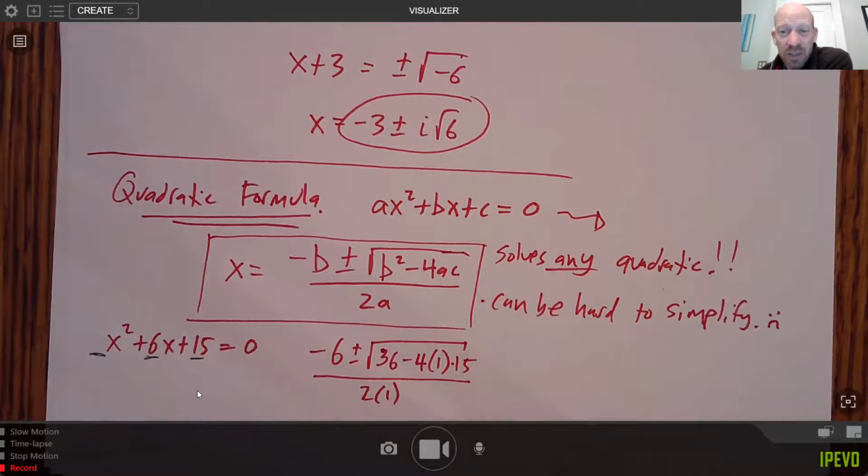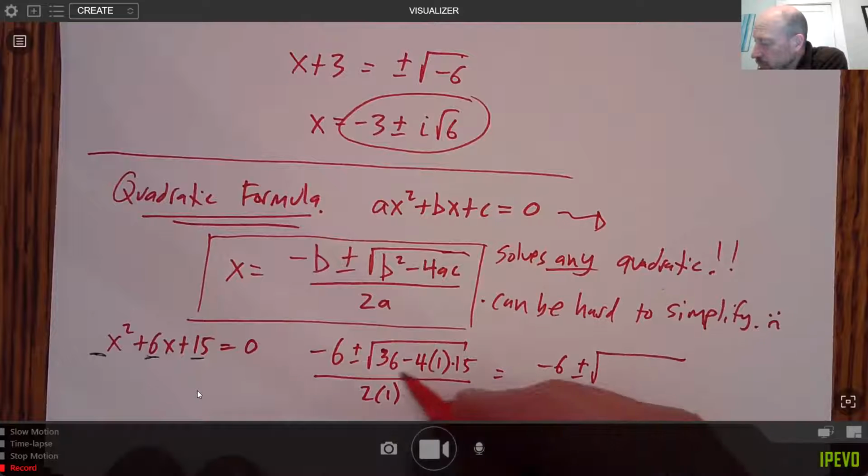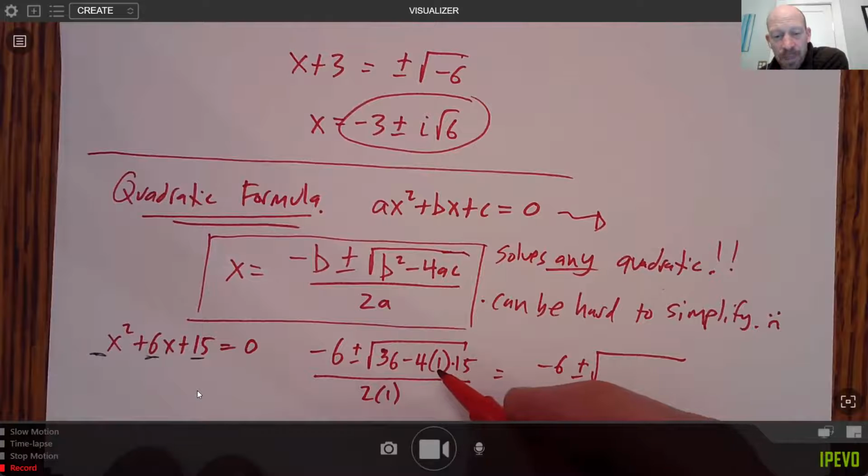I don't actually need the ones in there because they're multiplied, so they're going to drop out, or they won't impact the problem at all. I get minus 6 plus or minus the square root. This is 36 minus 60. 4 times 15 is 60.